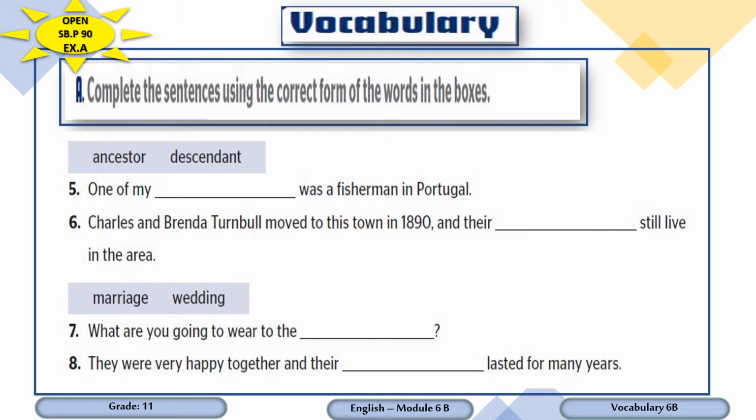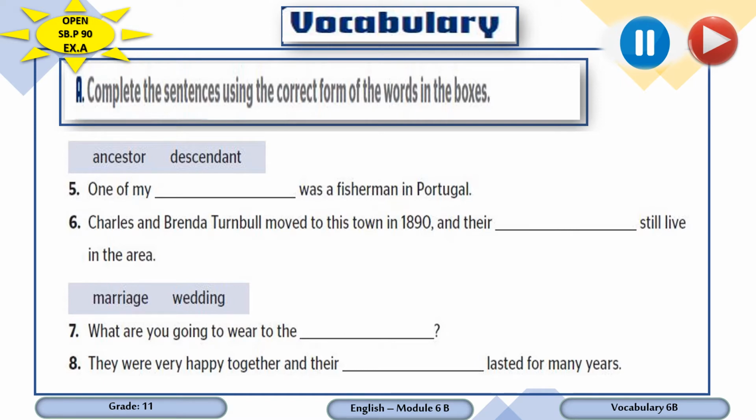What you simply need to do is to complete the sentences with the correct form of the words. Dear students, as we usually do, please pause the video for some time, try to get your answers ready. After that, play the video again in order to check your answers. Okay, now it's time to check the answers.